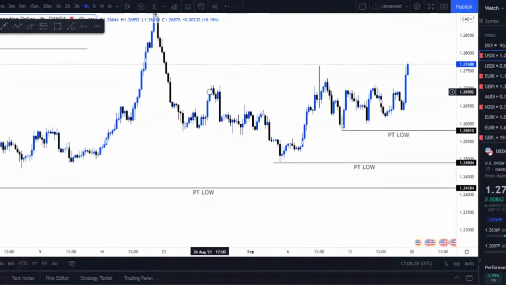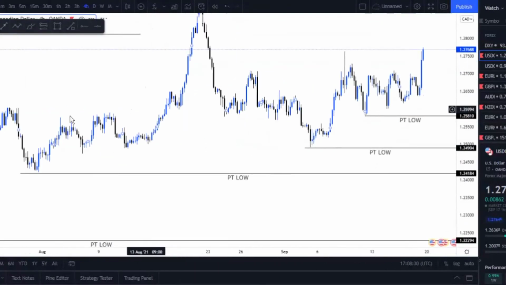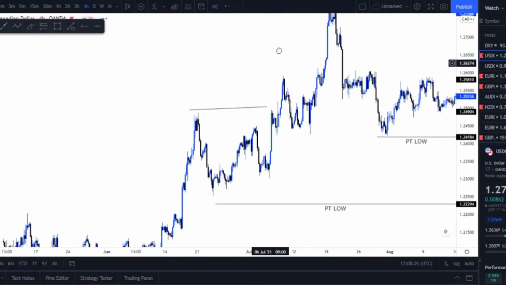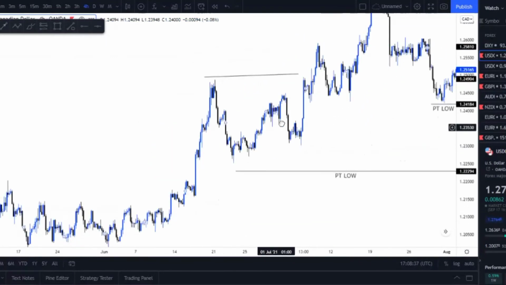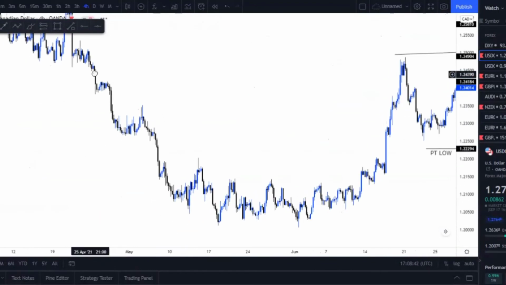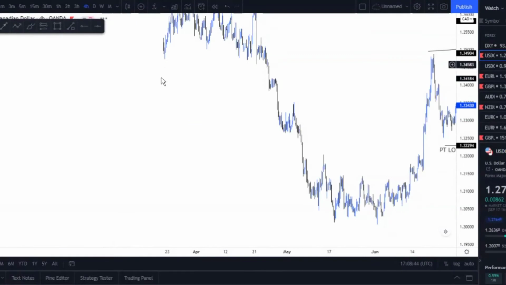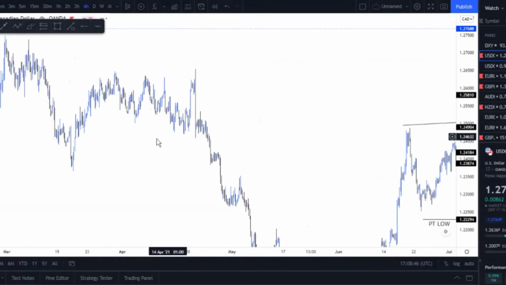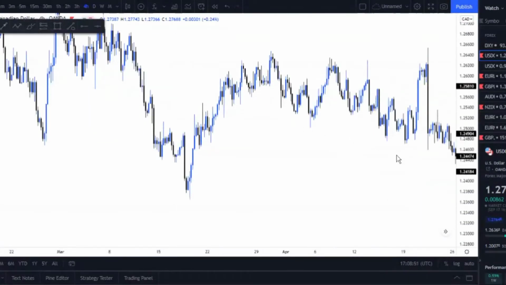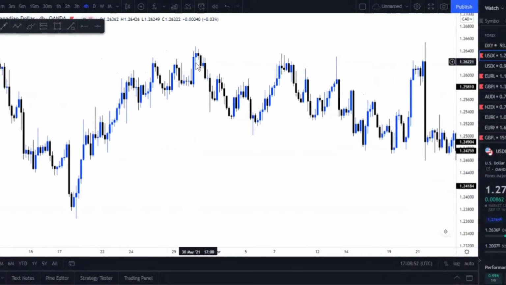So an order block now is this last up move, sorry, this last up move before this leg that broke structure.